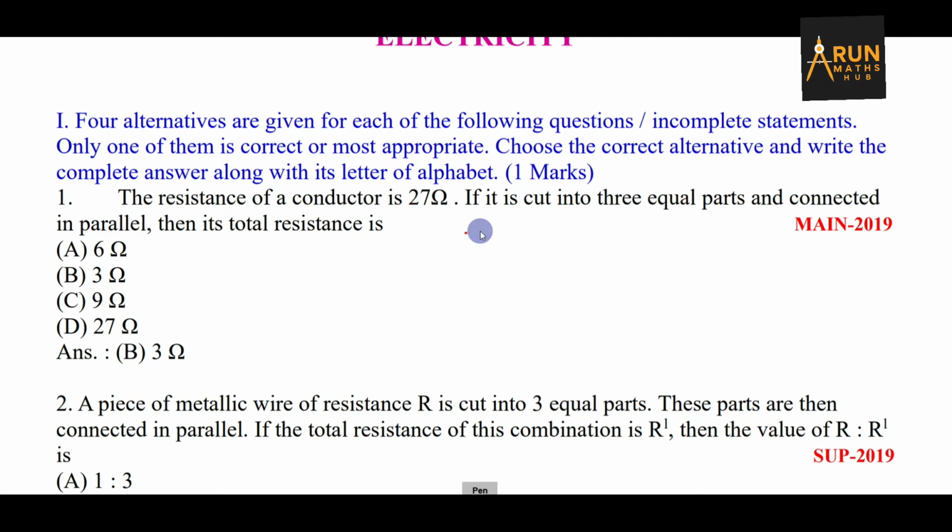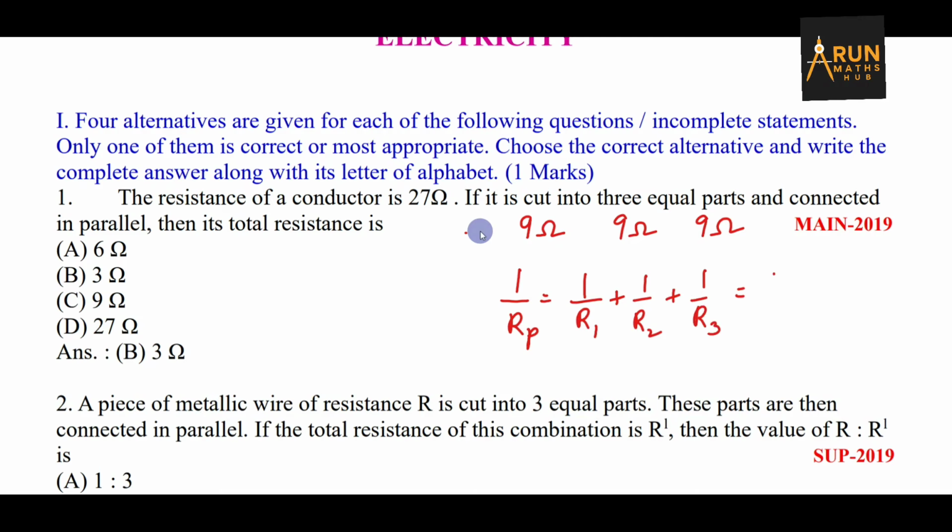27 ohm is divided into 3 equal parts, that is 9 ohm, 9 ohm and 9 ohm. It is connected in parallel. Therefore, the effective resistance or the total resistance: 1 by Rp equals 1 by R1 plus 1 by R2 plus 1 by R3.